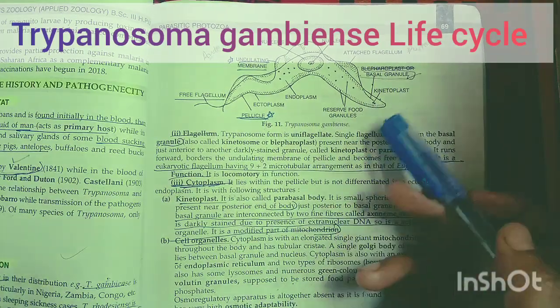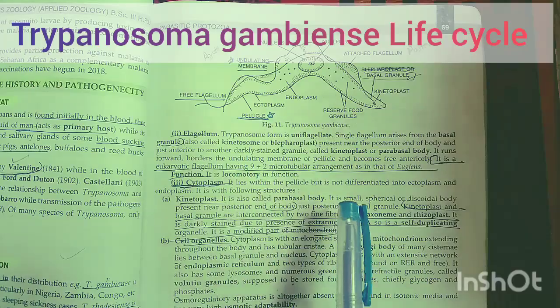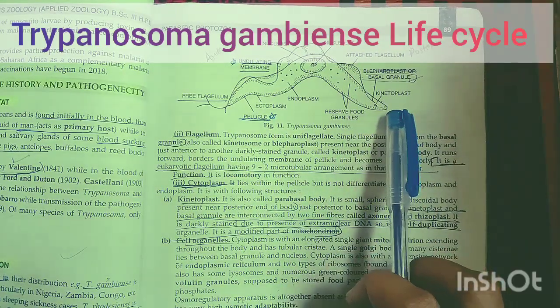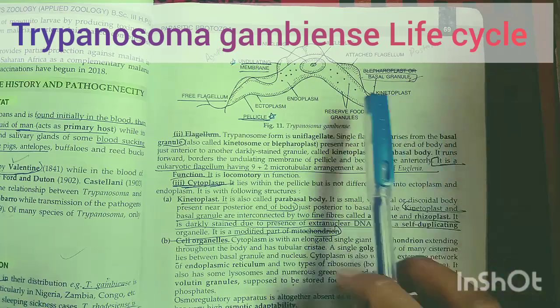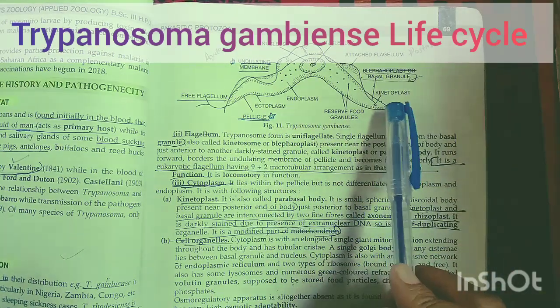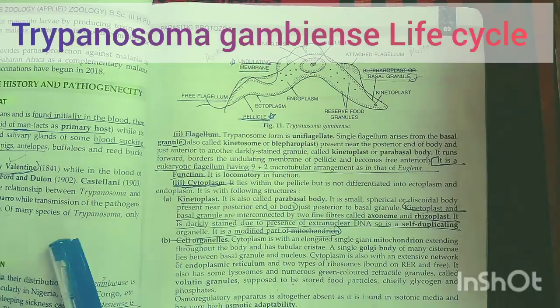It is a very small, spherical or discoidal body present near the posterior end of the body. This is the posterior, this is the anterior.